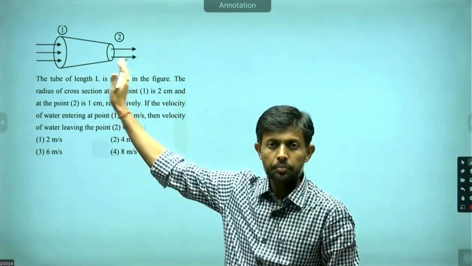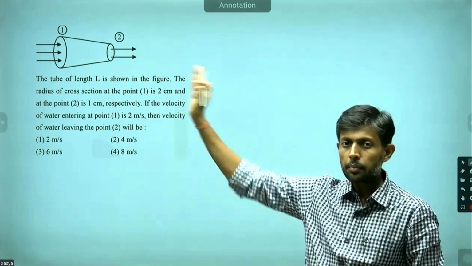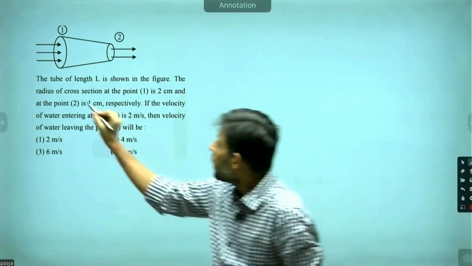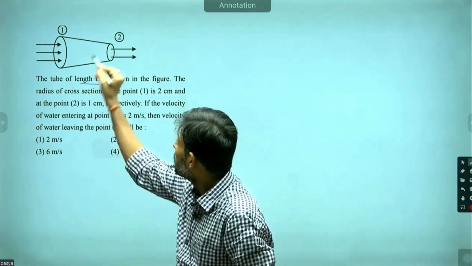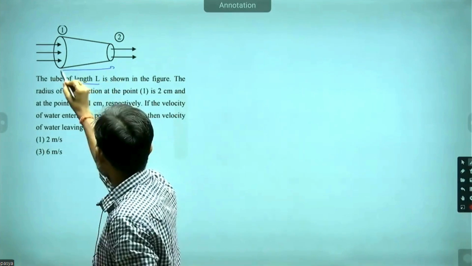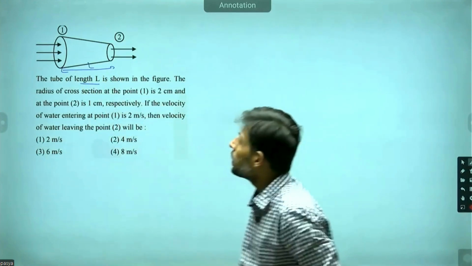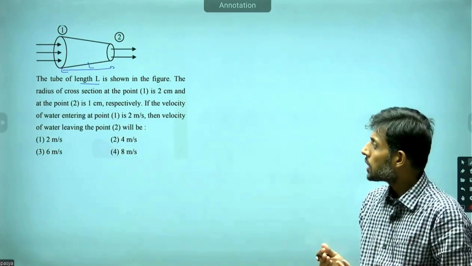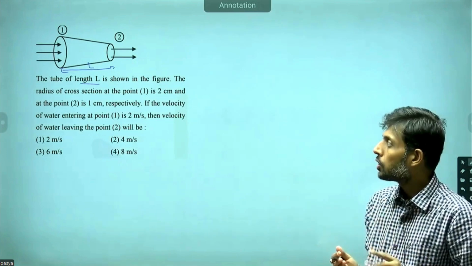We have a pipe. The area of cross-section at both the ends are different. The tube of length L, so this length we'll consider as L, is shown in the figure. The radius of cross-section at the point 1 and point 2 is given.